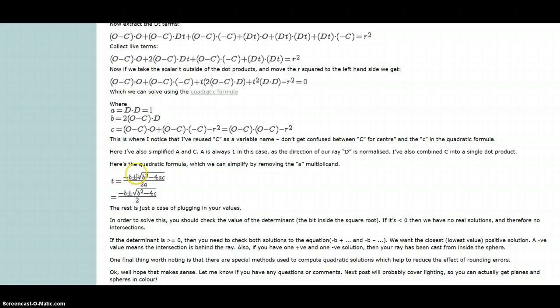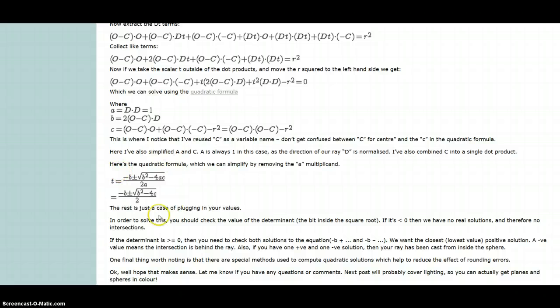You need two calculations because the ray can intersect the sphere in different ways: it just goes into the sphere but doesn't come out, or it impales the whole sphere, or it's just coming out of the sphere.